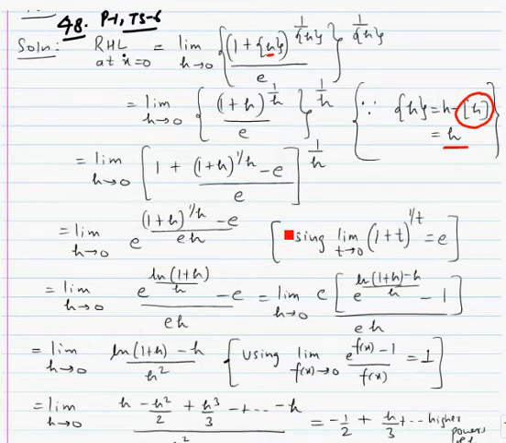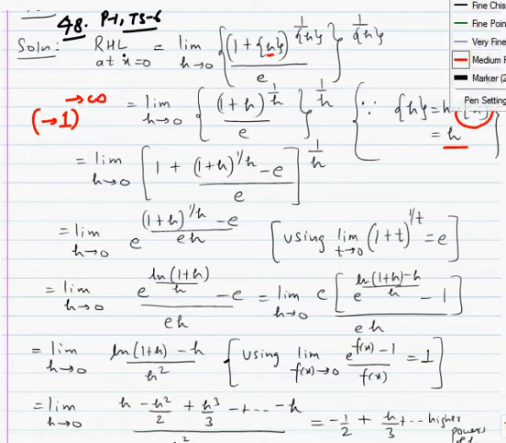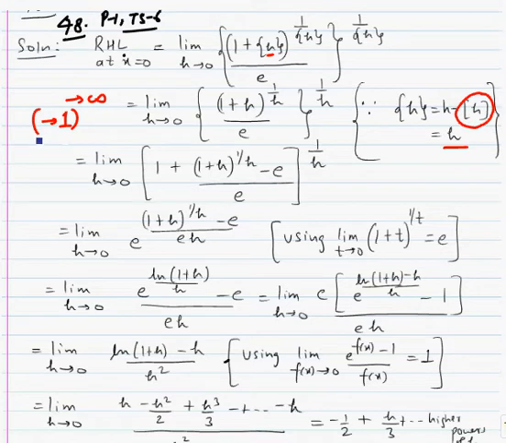And now you can see the type of limit is base approaching 1 and power approaching infinity. So what we can do, we can apply this formula: (1 plus t) to the power 1 by t, limit t approaches 0, equals e.